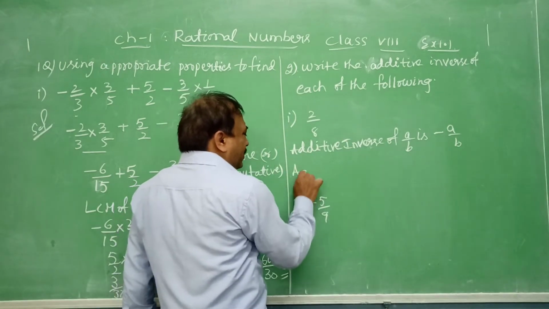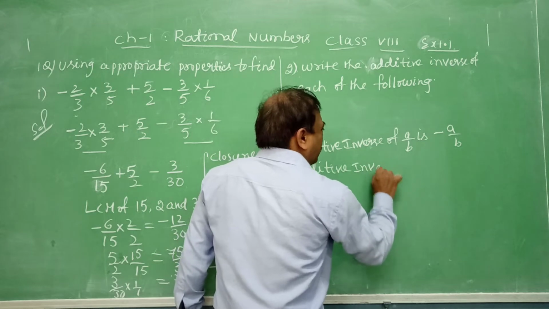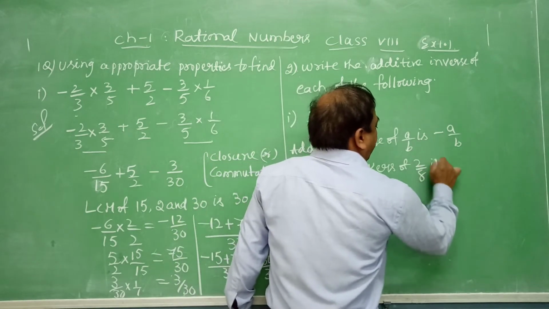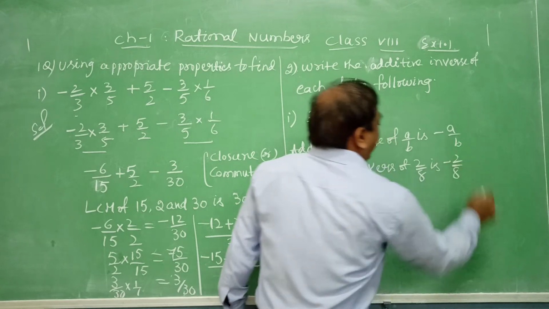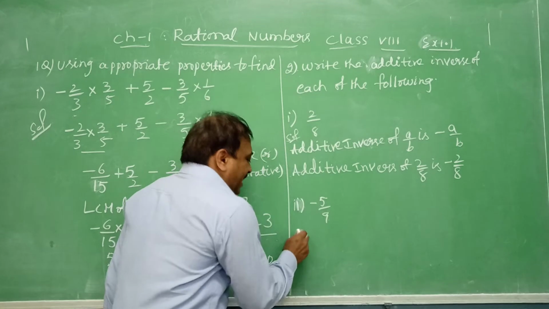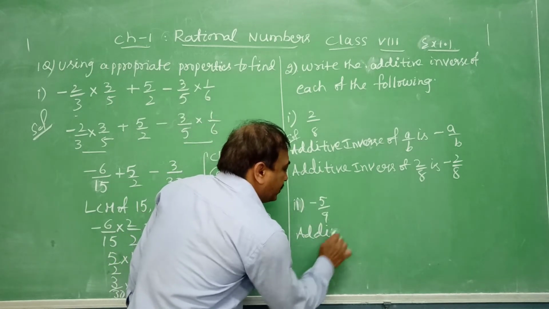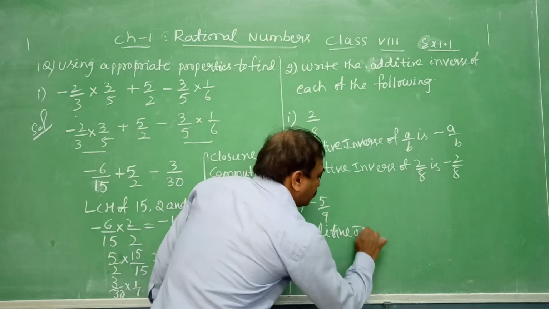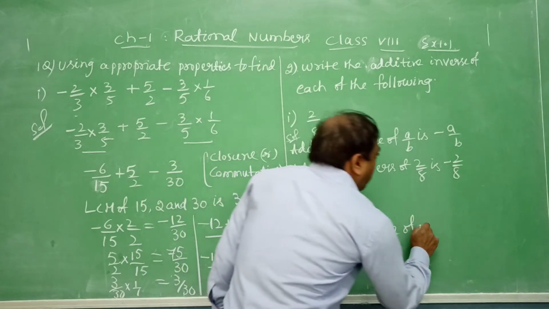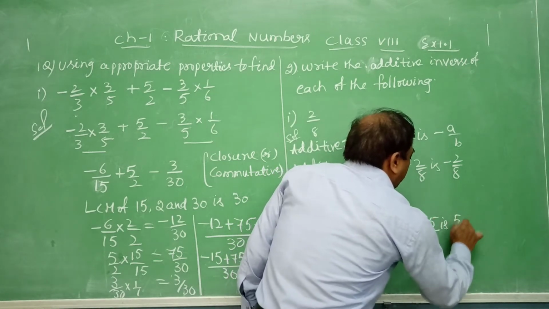So the additive inverse of 2 by 8 is minus 2 by 8. Similarly, you can write the additive inverse of minus 5 by 9 is plus 5 by 9.